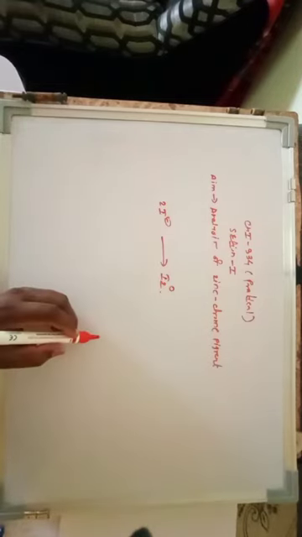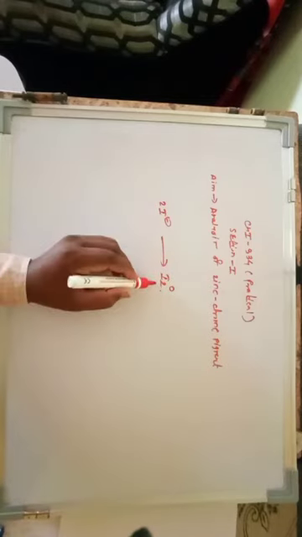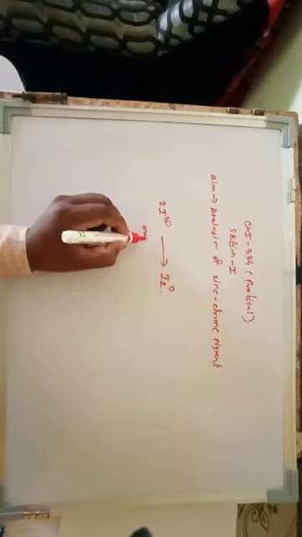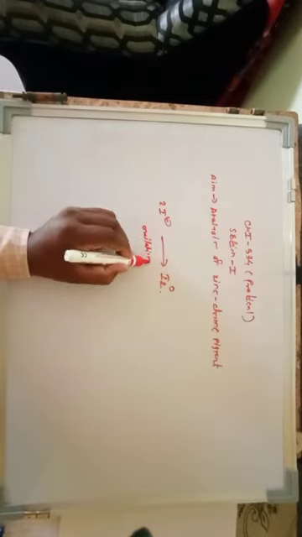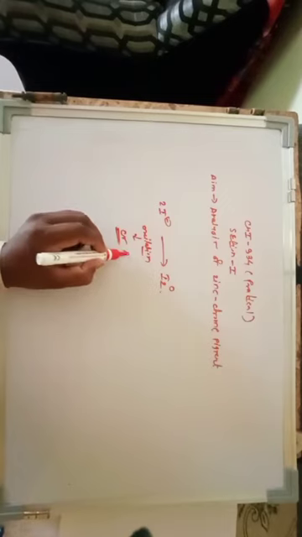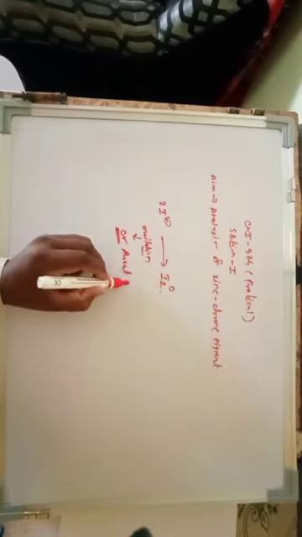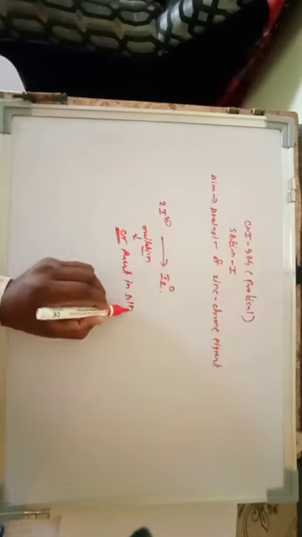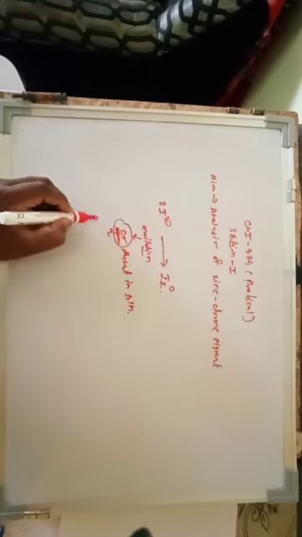The oxidation number increases from -1 to 0, so it undergoes an oxidation reaction, and this oxidation is carried out by the chromium present in your solution. So this chromium is your oxidizing agent.